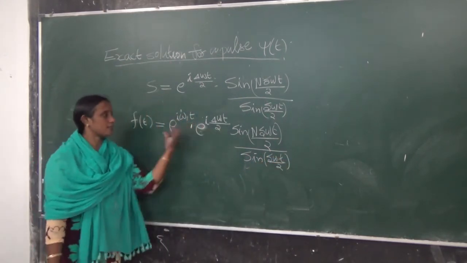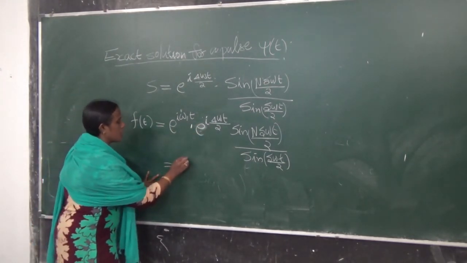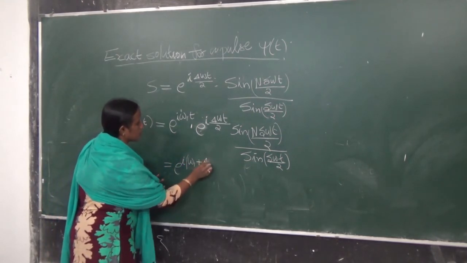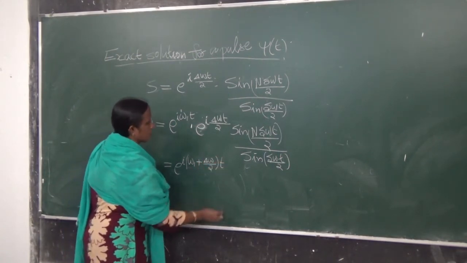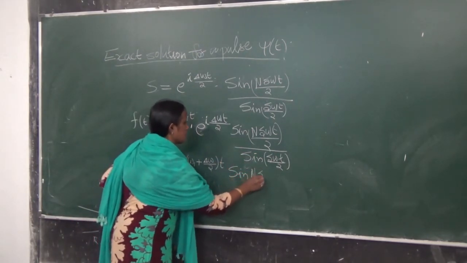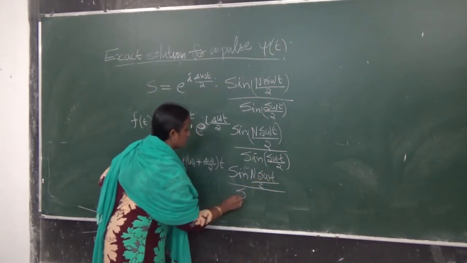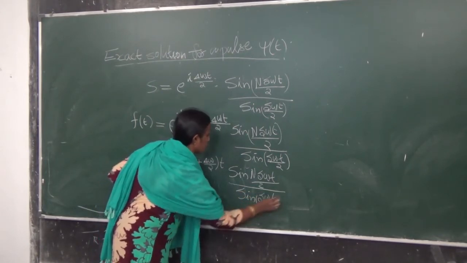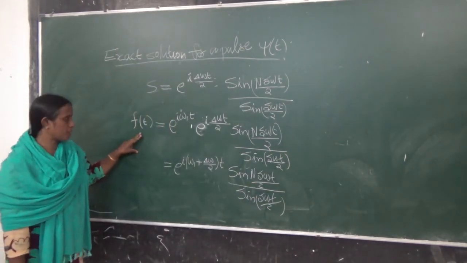We can add these two terms together and you get e raised to i omega 1 plus delta omega by 2 into t and this term itself, sin n delta omega t by 2 divided by sin delta omega t by 2. So this is the expression for f of t.